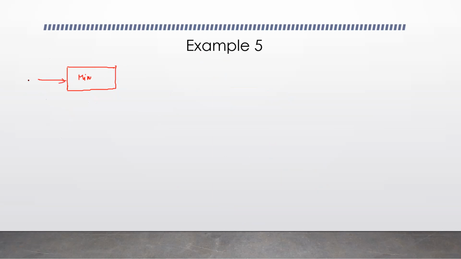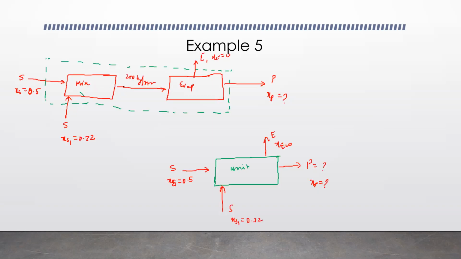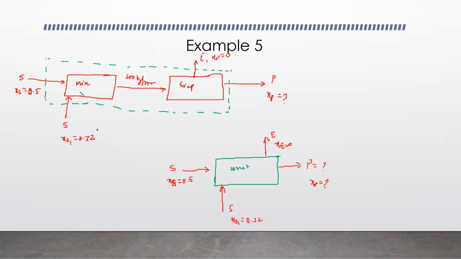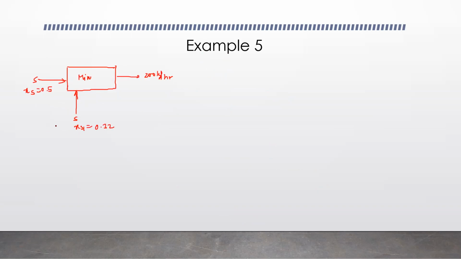So I have S and I have 200 kg per hour solution. So S with XS as 0.5 and XS1 as 0.32. Let's call this as X over here, the mixture.